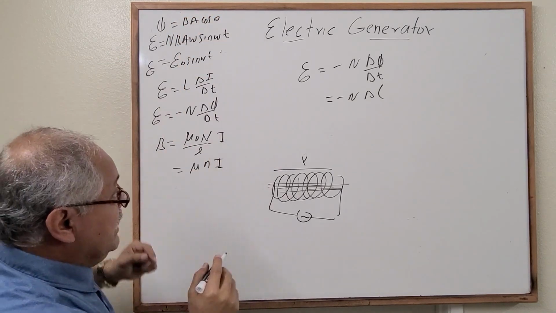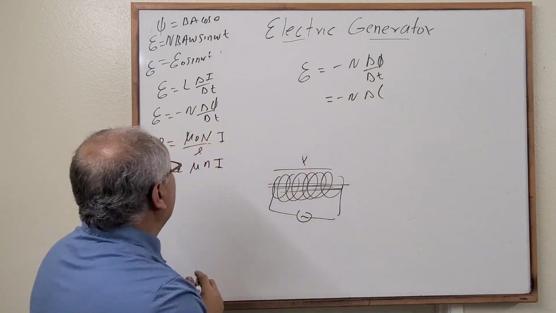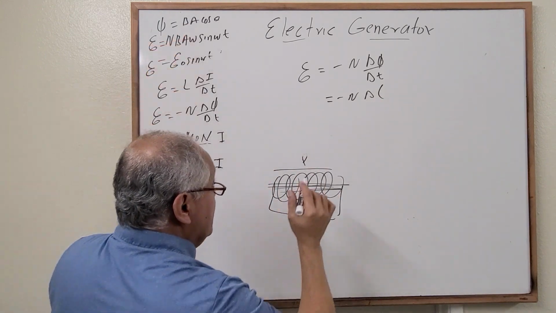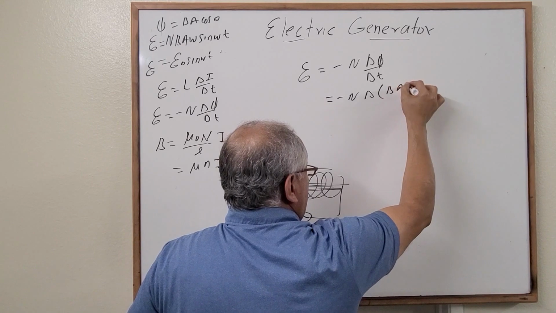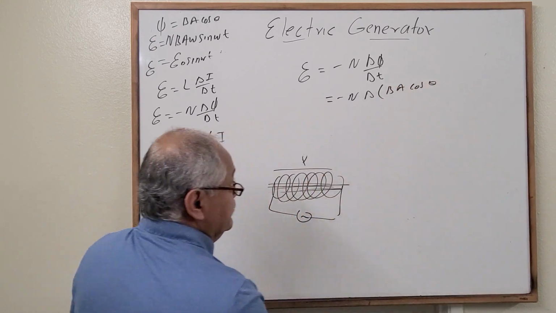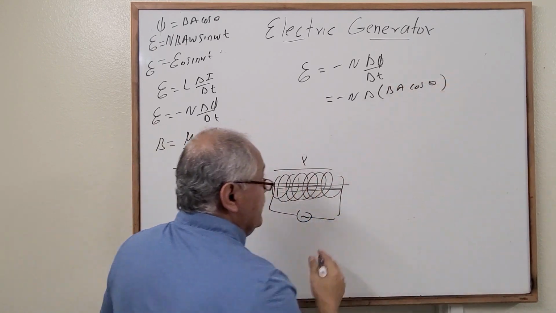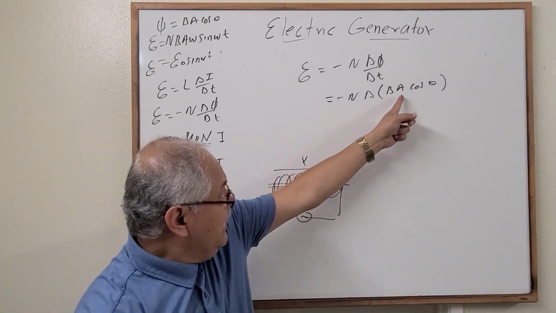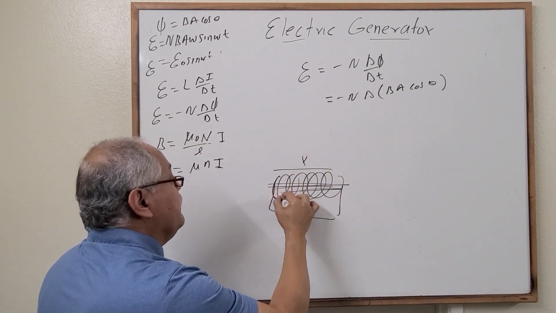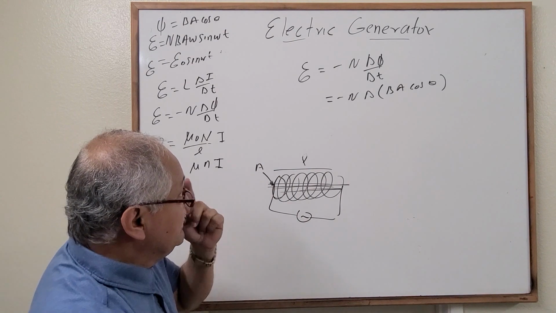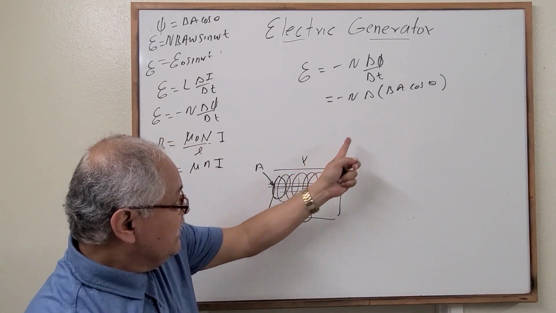Okay, great. Now this is equal to B A cosine theta. In this case, the cross-sectional area right here is constant. The number of turns is constant, right?